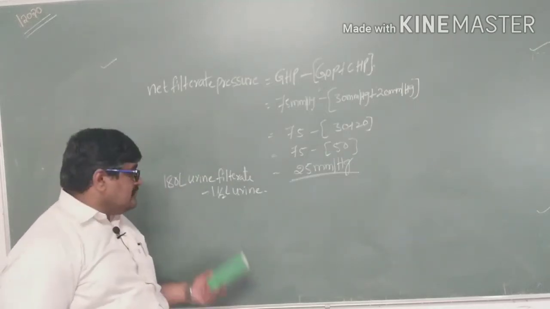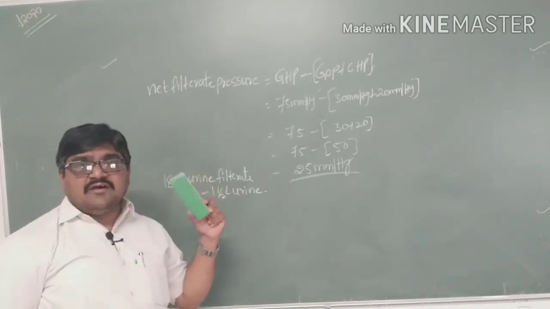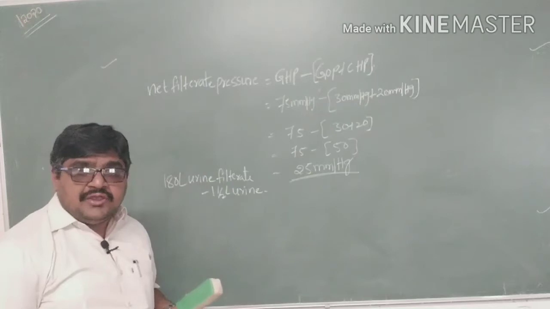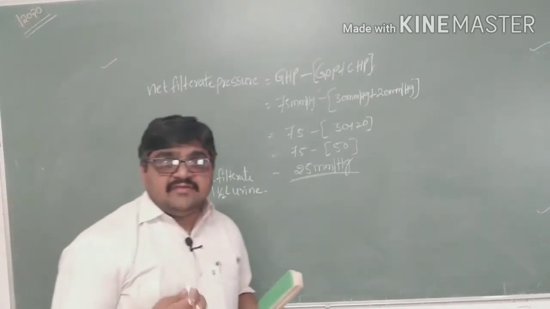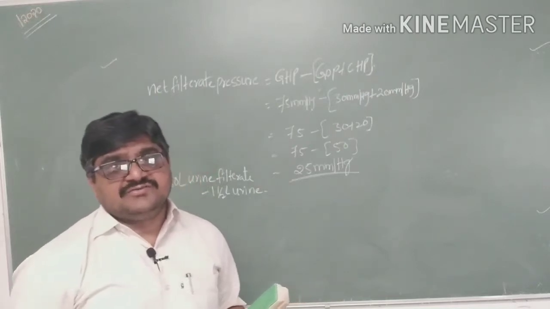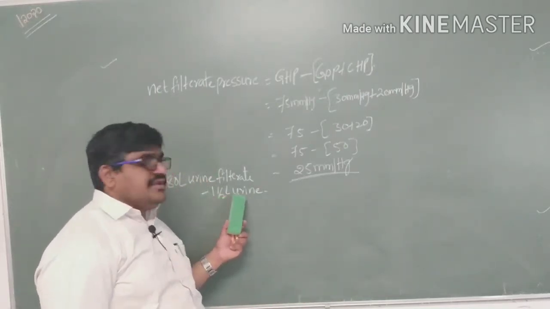The remaining 178.5 liters of water is reabsorbed into the nephric filtrate or into the lumens of the nephrons. So only 1.5 liters of urine is secreted.